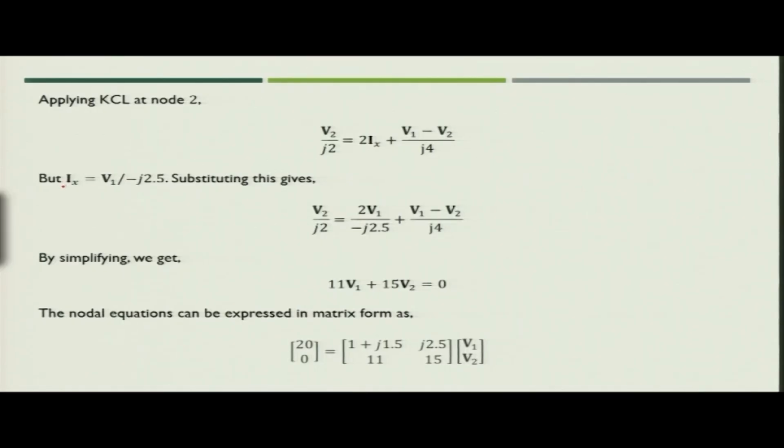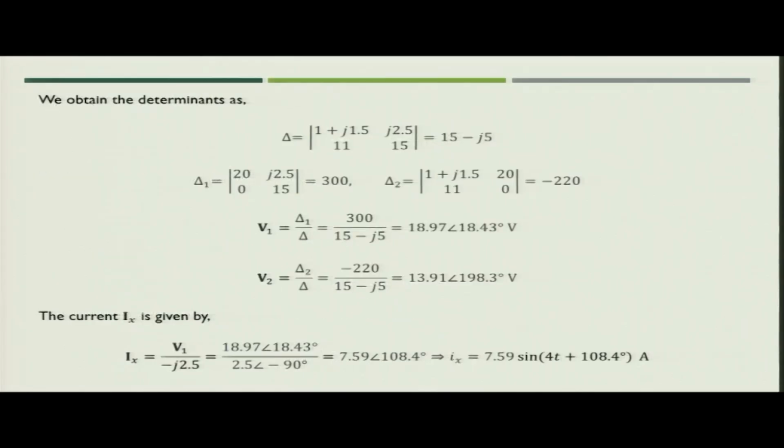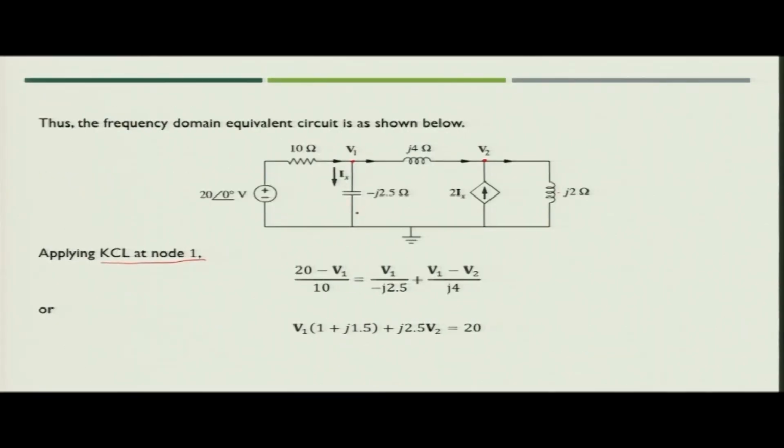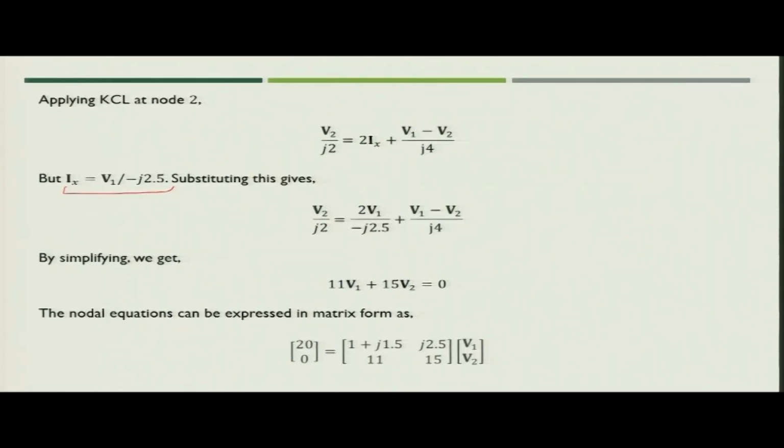Now, we also know that I x is nothing but V 1 upon minus j 2.5, this is what we get from here. So, we replace the value of I x with V 1 upon minus j 2.5.